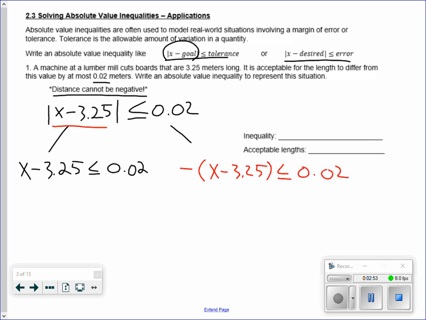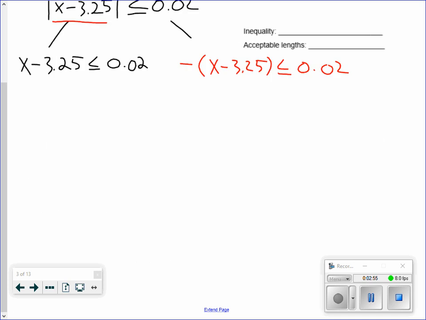I'm going to solve the positive side first. So I'm just going to add 3.25 or 3 1/4 to both sides to get x is less than or equal to 3.27. And I'm done there. The x is isolated. I have what x is going to be, less than or equal to 3.27.